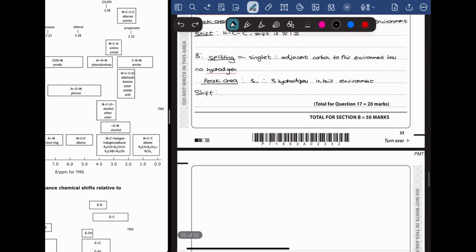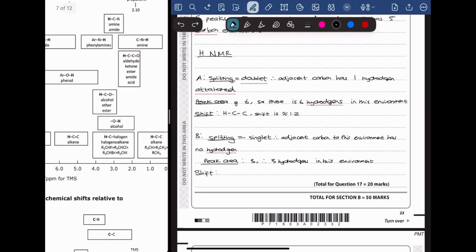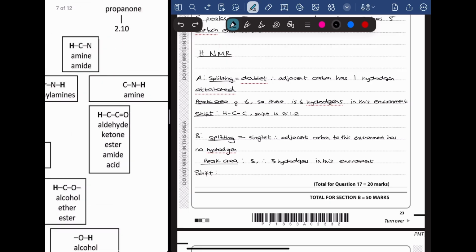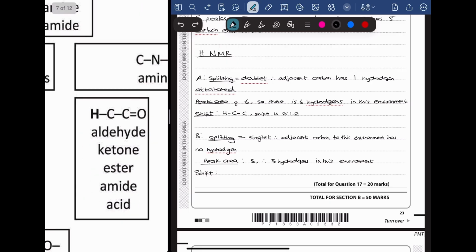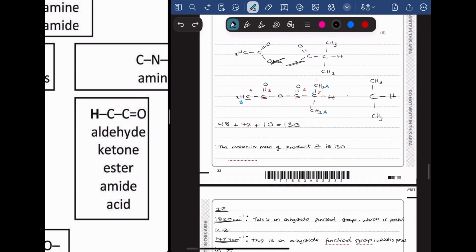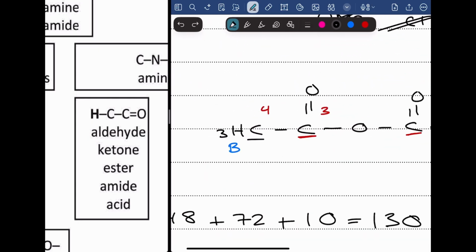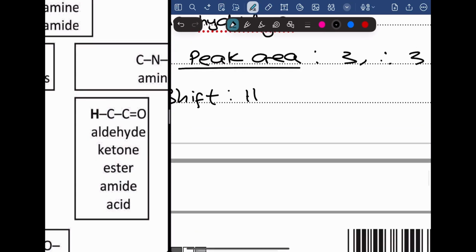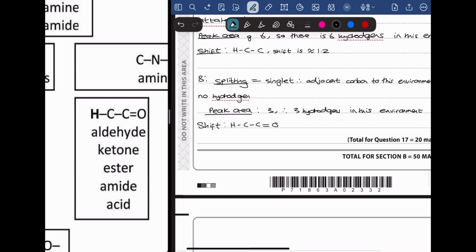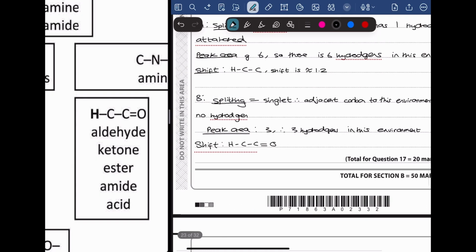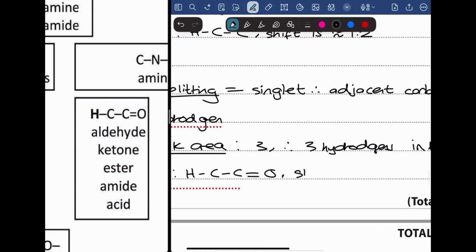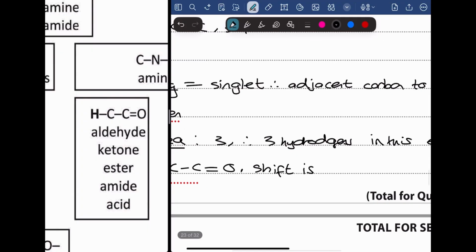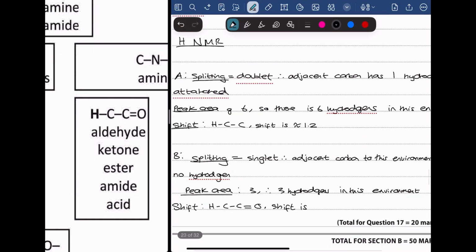So if it was 2.1 to 2.2, that would mean that it has to be this group here, this H-C-C double bond O. And we can directly see that because it will be the hydrogens here attached to the carbon, attached to the carbon here, attached to the double bond O here. So it mirrors exactly. So we can do H-C-C double bond O, and then we can say the shift is 2.1 to 2.2.